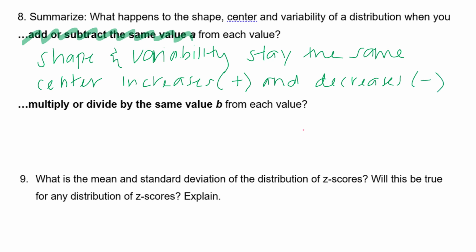Okay, so if you're multiplying or dividing by the same number, that's going to be different than when you're adding or subtracting. So adding and subtracting, shape and variability stay the same. Center increases if you're adding, it'll decrease if you're subtracting. Okay. If you are multiplying or dividing by the same value every single time, what I want you to start to memorize is that once again, the shape of the distribution will stay the same.